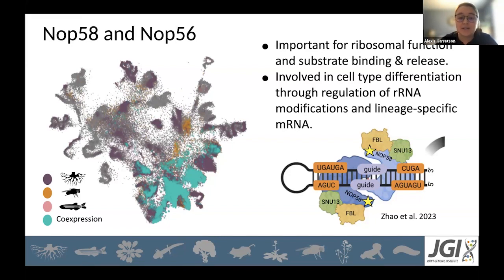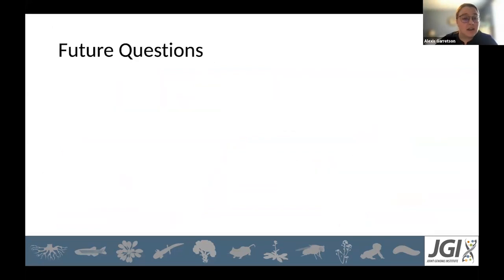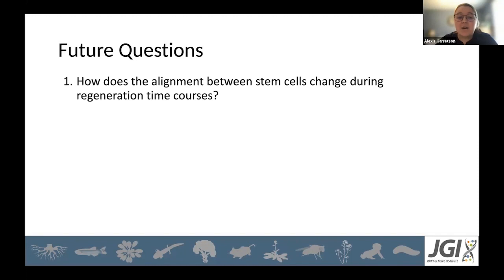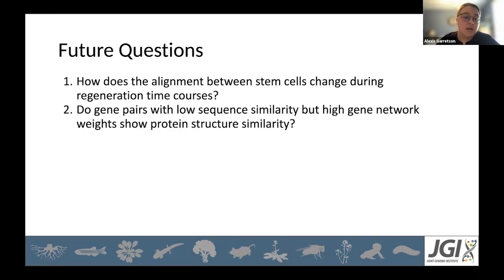And there are, of course, many other cell types that we have not investigated quite as much. So there are a lot of open future questions coming from this summer, including how this alignment changes over regeneration time courses. Many of these atlases are generated right after injury and then along the regeneration pathway, so we're interested in seeing how alignment might change.